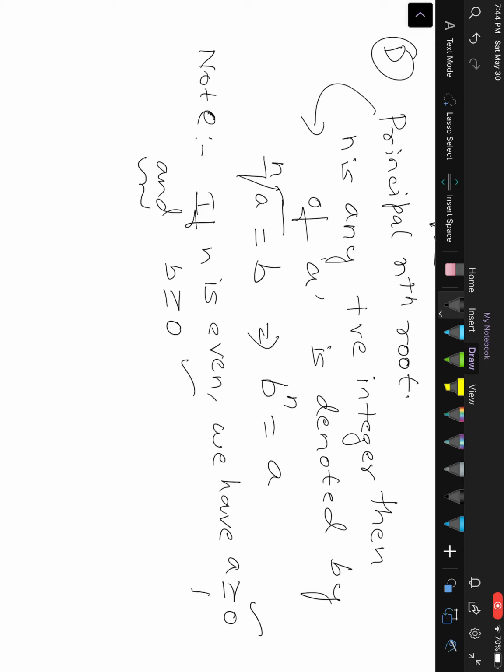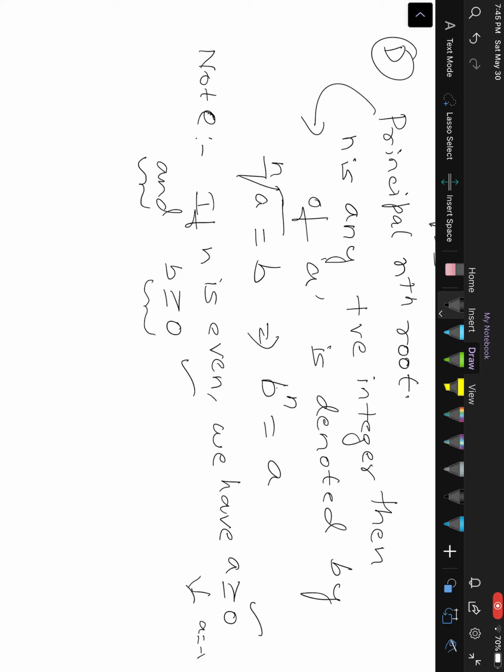So why should a always be greater than or equal to 0? Because negative nth roots of numbers are not defined as long as we are working with real numbers. We will learn more about this when we study complex numbers, which is not part of this course.